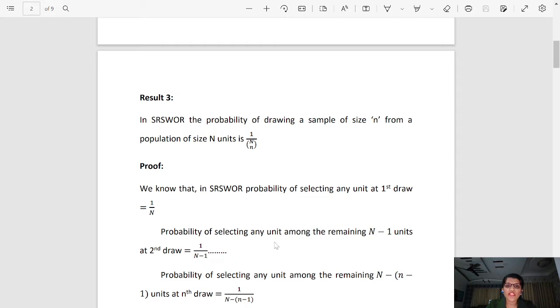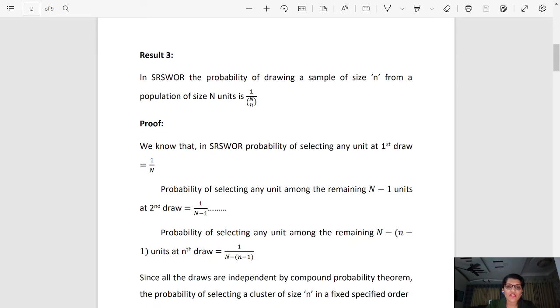So, the probability of selecting any unit among the remaining N minus 1 units at the second draw is 1 upon N minus 1. So, the probability of selecting any unit of the remaining N minus n plus 1 at the nth draw is 1 upon N minus n plus 1.